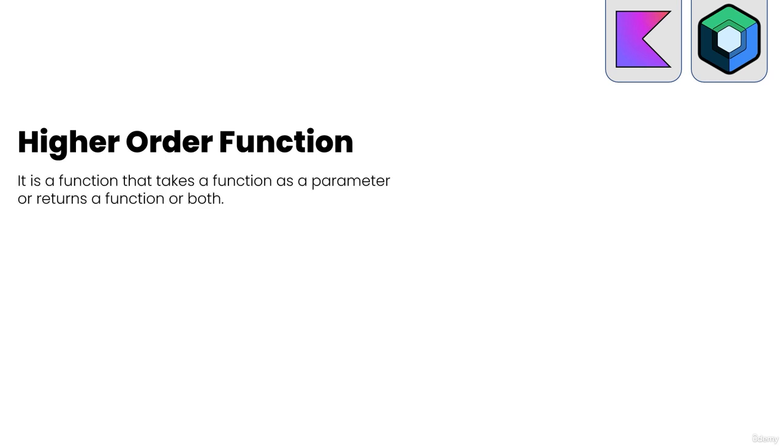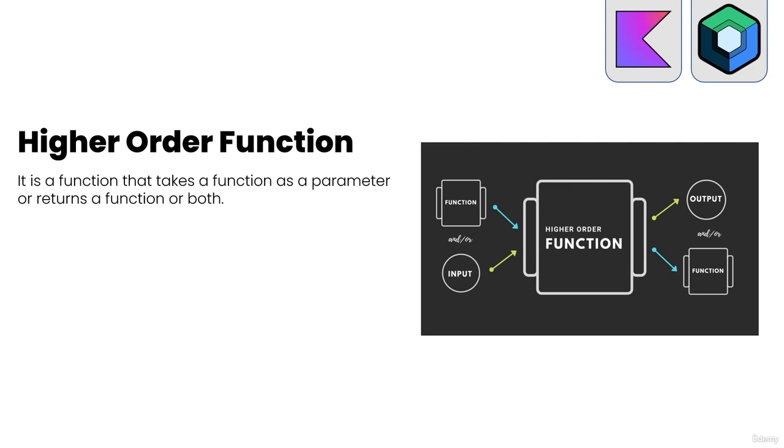Please, guys, it's a function that takes a function as a parameter or returns a function or both. You can see that we can give a higher order function a function parameter and or an input, normal input, like variables.